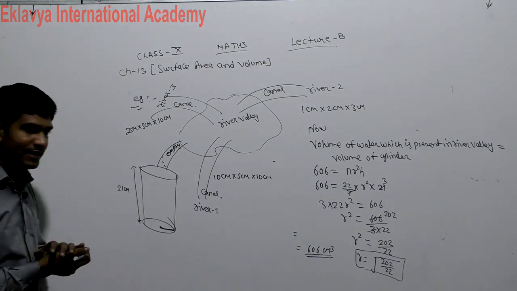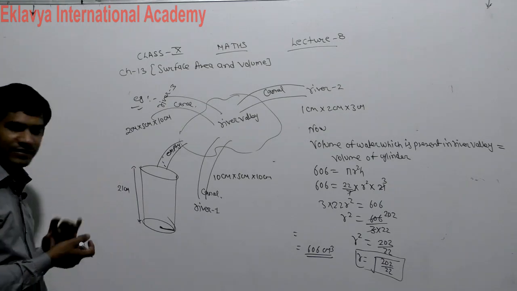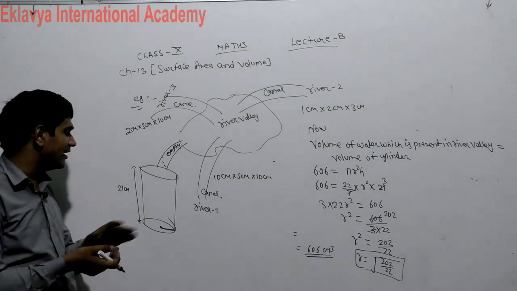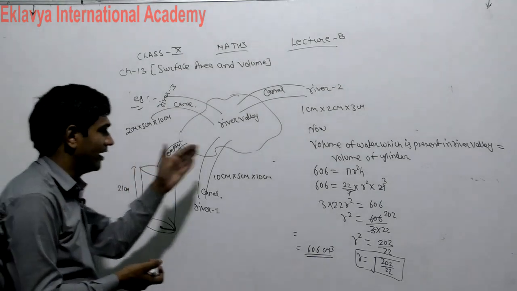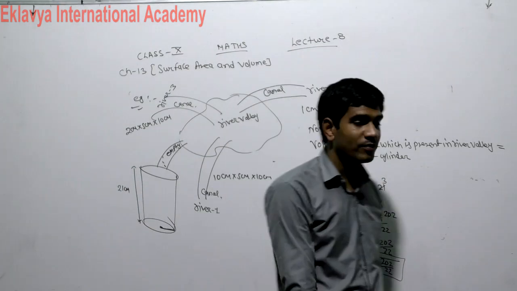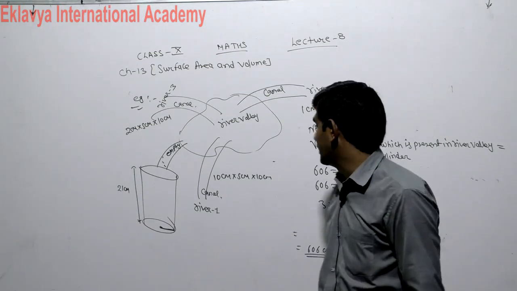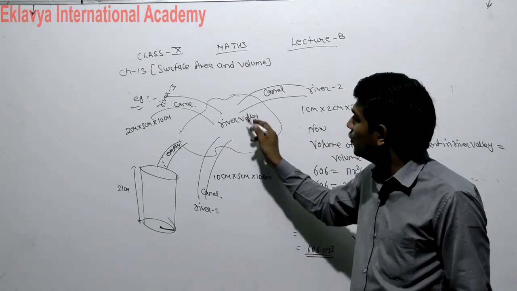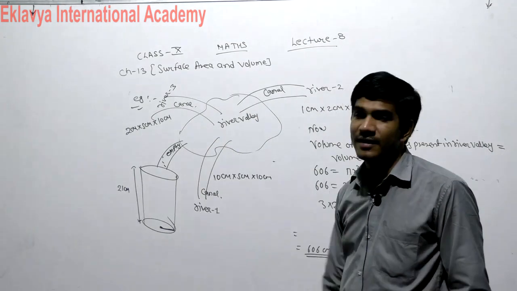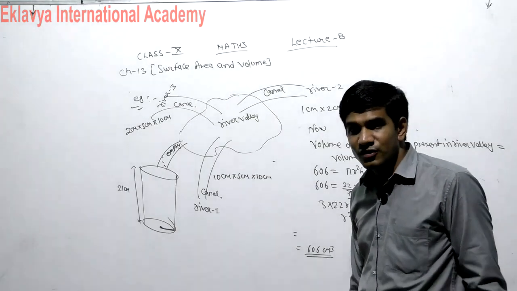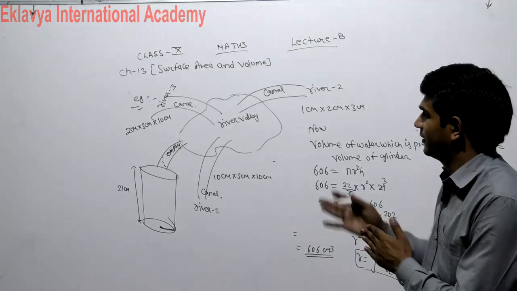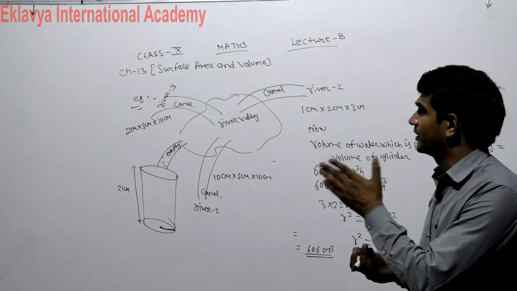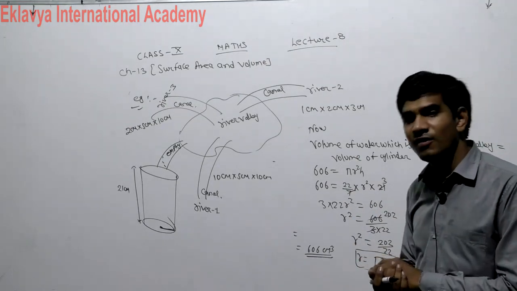Height is given here, 21 centimeter. So what is the radius of the cylinder? So here we will use the volume concept, volume conversion. Volume of water which is present in the river valley is equals to the volume of water which is empty in the cylinder. Understand? So that is all about the question of exercise chapter 13, surface area and volume.